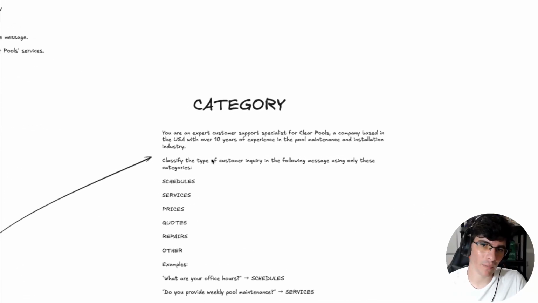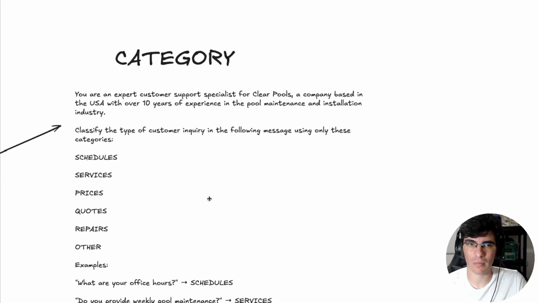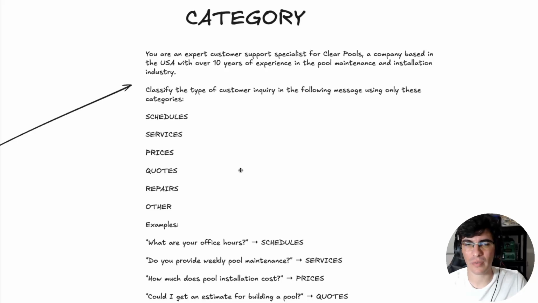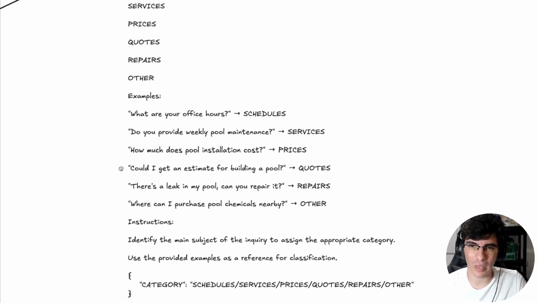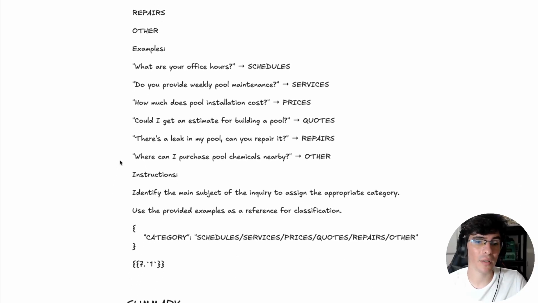Okay, category, same thing, same company, same blah blah blah. You've got to classify it into scheduling, services, prices, quotes, repairs, others. Examples: what are your office hours? That's scheduling. Provide weekly pool maintenance services, prices, quotes, all that good stuff. This one's pretty trivial.